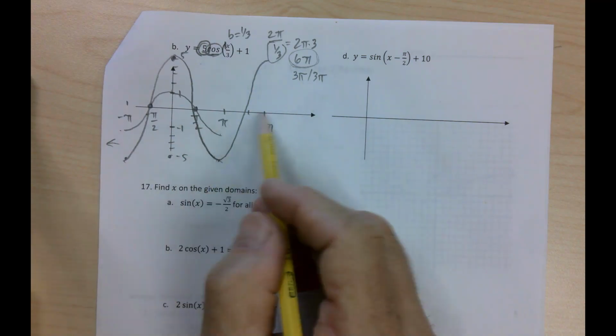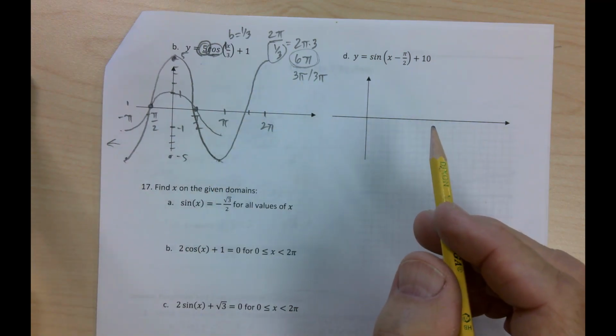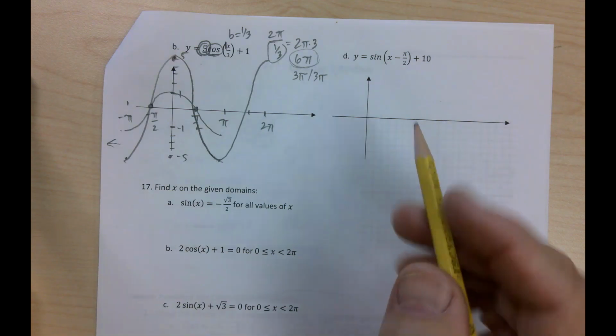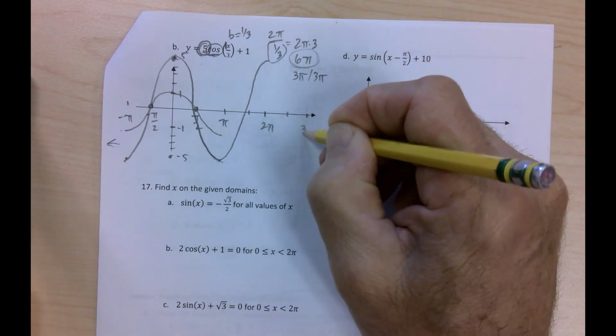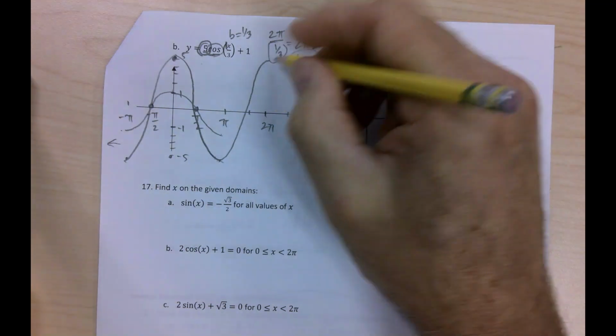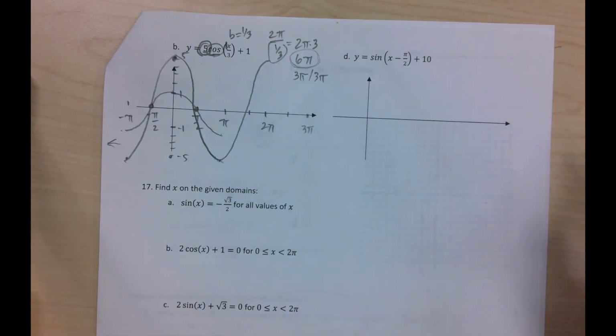Oh, this graph's going to mess with me. So I'm going to just continue. So I'm going to go out to here, and there's 3 pi. And I should have made my units a lot smaller.